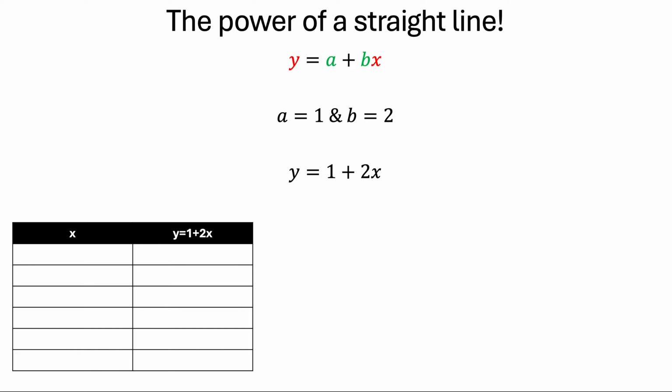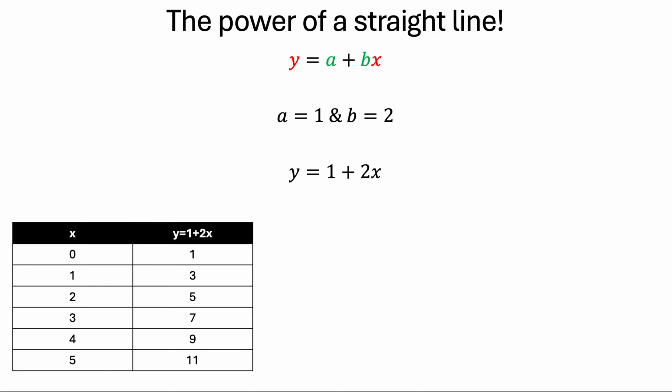For example, when x is equal to 0, this equation becomes y equals 1 plus 2 times 0, which is 1. When x equals 1, this equation becomes y equals 1 plus 2 times 1, which is 3. And we could plug 2 in and get 5, 3 in and get 7, and so on and so forth.